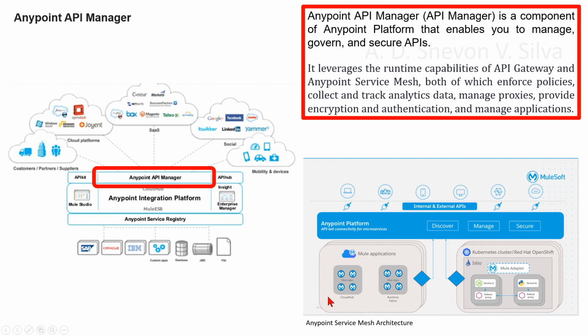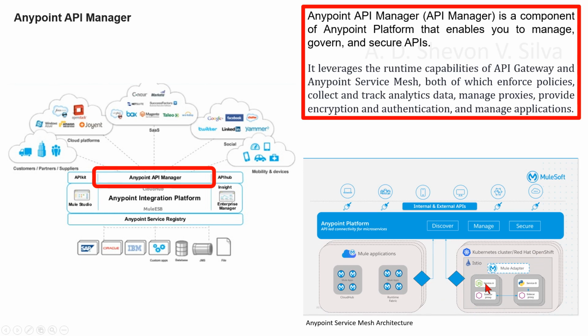Here you can see Mule applications. Under that you can see CloudHub and Runtime Fabric. You can see Mule apps are in CloudHub and Mule apps are in Runtime Fabric, and these Mule applications are connected to Anypoint Platform. And here you can see the Kubernetes cluster or Red Hat OpenShift. You can see Istio here, and under Istio you can see the Mule adapter.